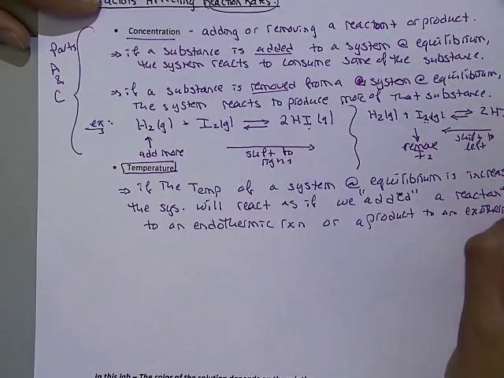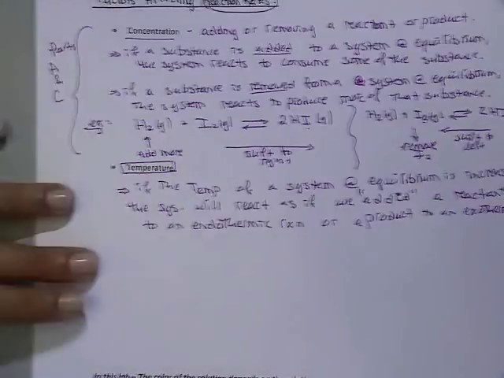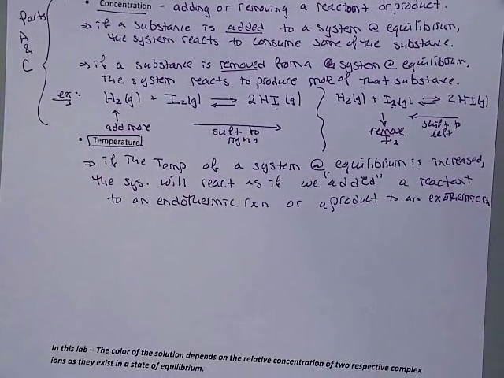So what I mean by this is here we're treating heat as either a reactant or a product. An endothermic reaction is a reaction which uses up heat. So if you think of it as a reactant, heat is a reactant here. An exothermic reaction is a reaction that gives off heat, okay?